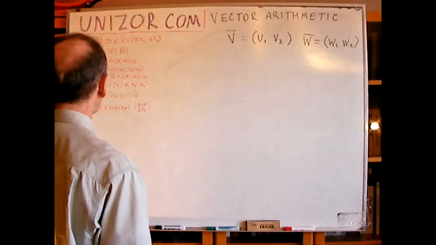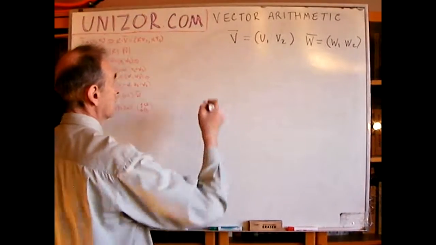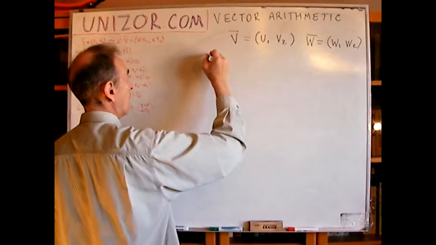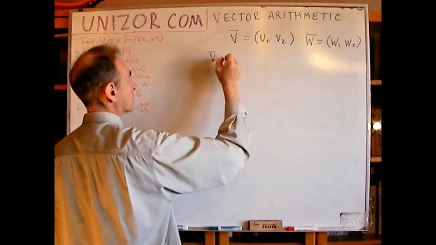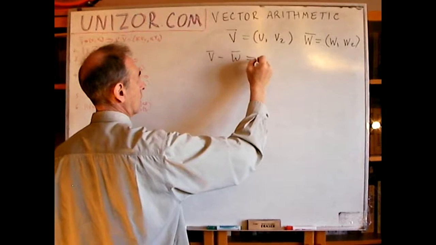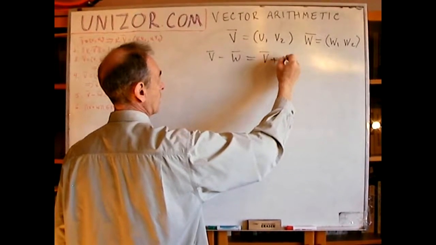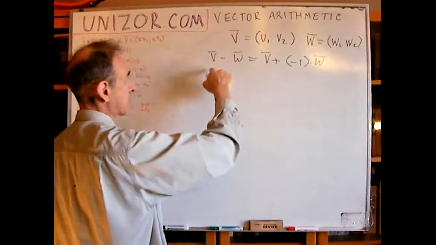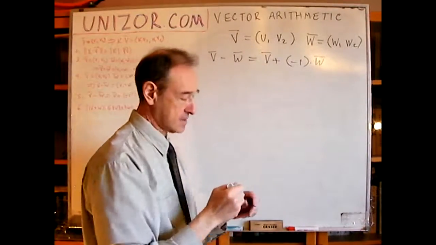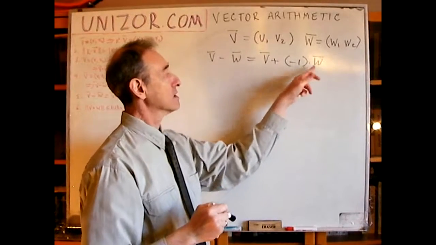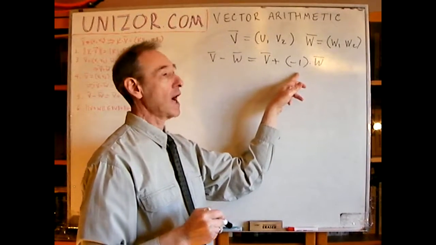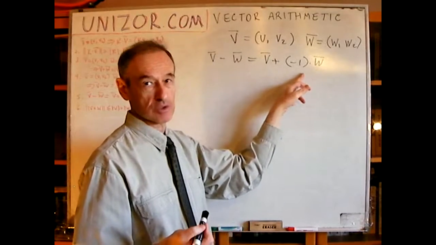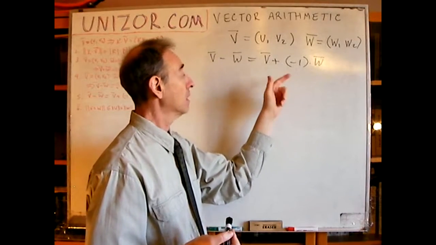Okay. Now, from these two previous problems, I would like to prove this: subtracting a vector is exactly the same as adding the vector which is opposite in direction and the same in length, which is multiplication by minus 1.